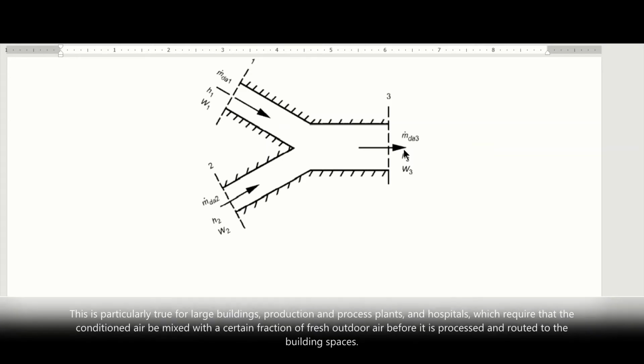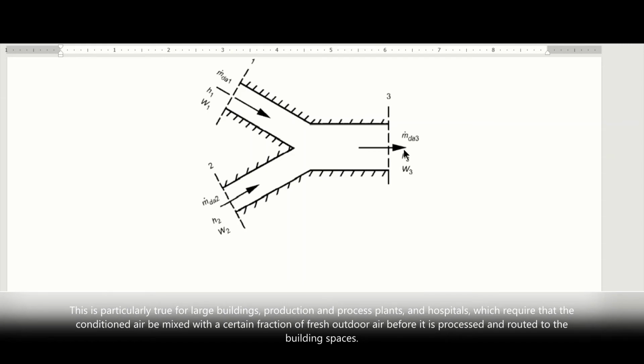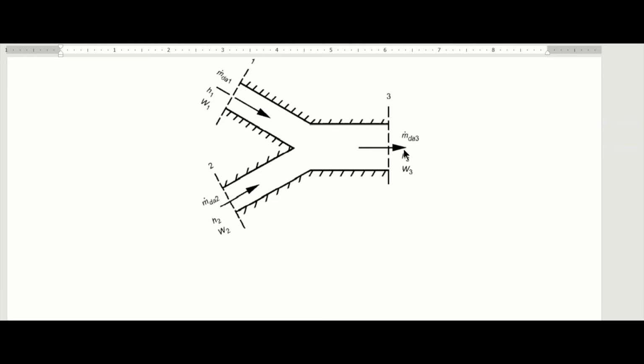This is particularly true for large buildings, production and process plants, and for hospitals, which require that the conditioned air be mixed with a certain fraction of fresh outdoor air before it is processed and routed to the building spaces. So mixing is accomplished by merging the two air streams, as you can see from this diagram.